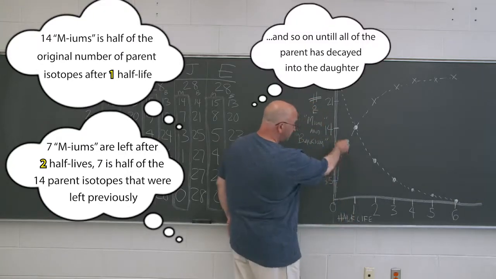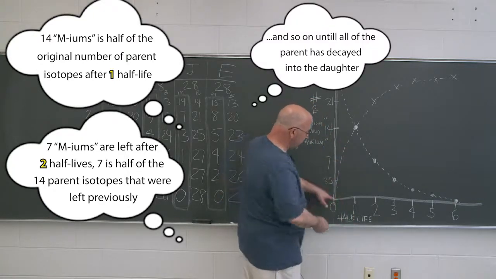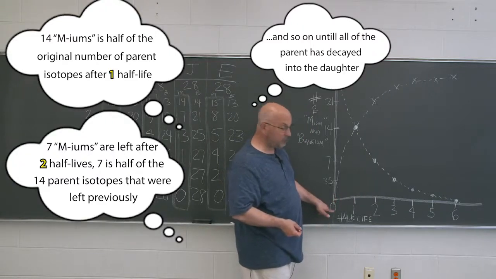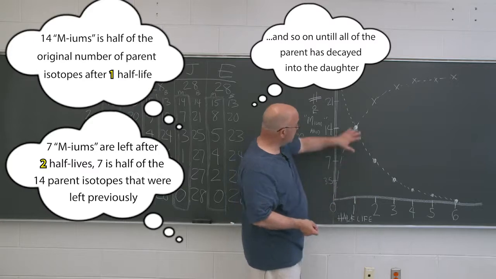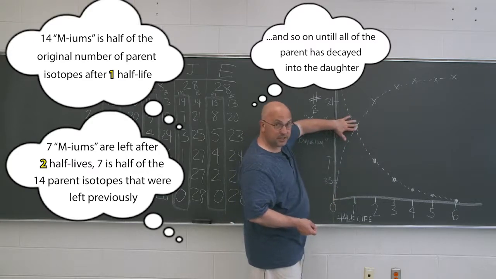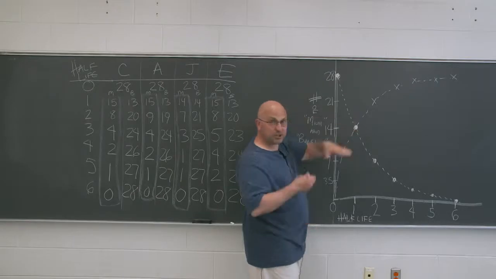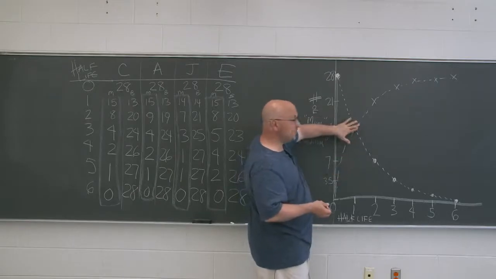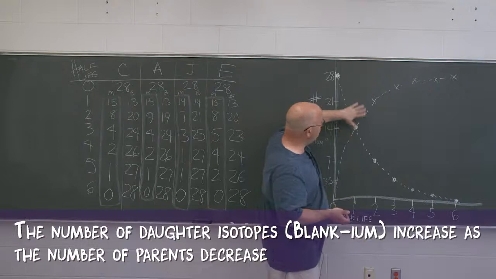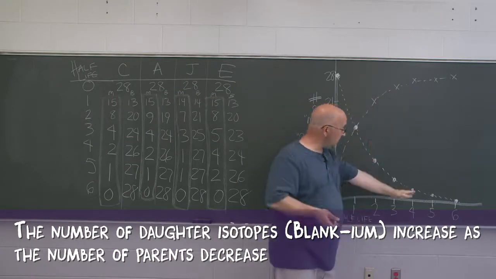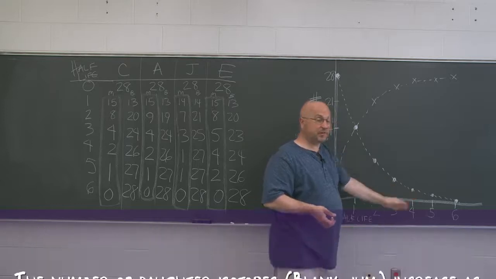The other line would represent the blankiums, which started out at 0 at the 0th half-life, and then the points intersect at the 1st half-life because the numbers should be pretty much the same, 14 and 14, roughly. And then the blankiums increase as the M&Ms decrease.